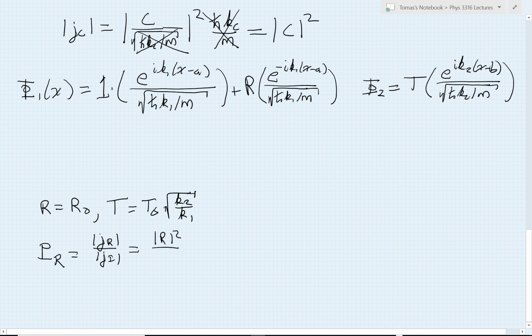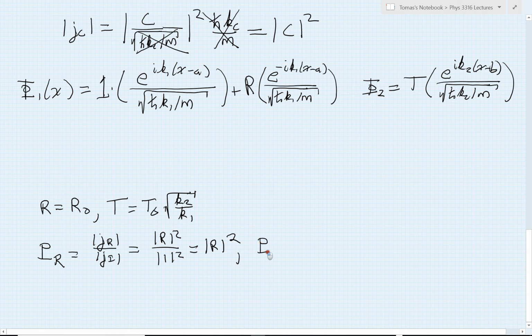The incoming wave has a prefactor of 1 with our new normalization, so its probability current density is just 1 squared. So the final result is that to get the probability of reflection, it really is just the square of a quantum amplitude, just like the Feynman framework says I should be able to arrange.